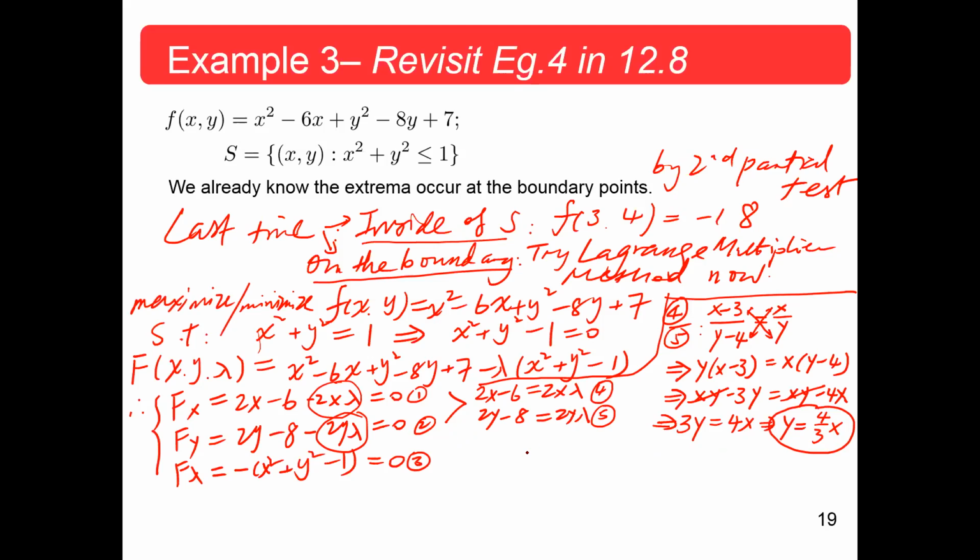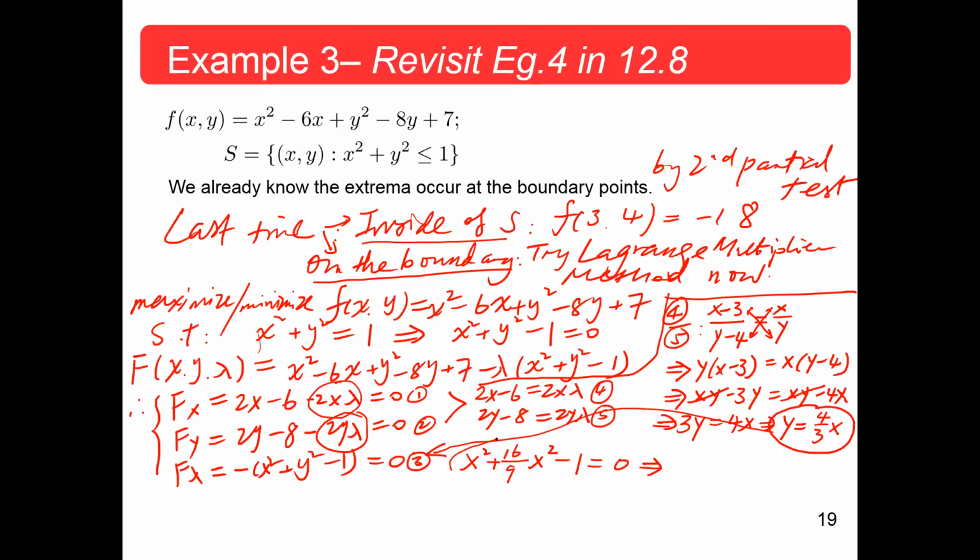Therefore, we're going to plug this into equation 3, because equation 3 is only about x and y. Into equation 3, I have x squared plus y squared, which is 16 over 9 x squared, minus 1 equals 0. Is that good?